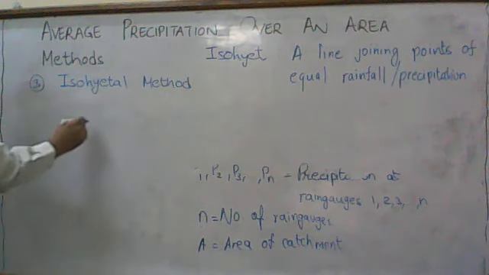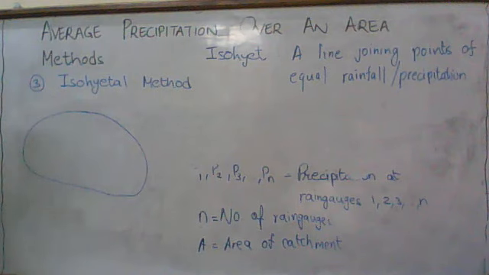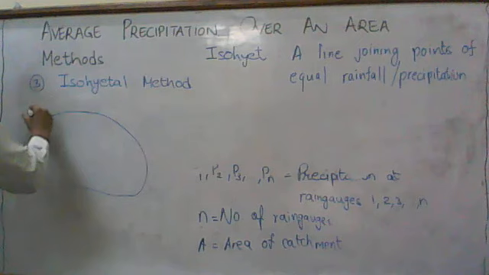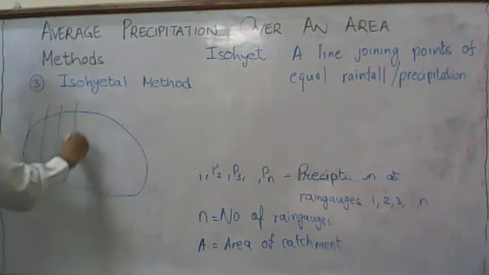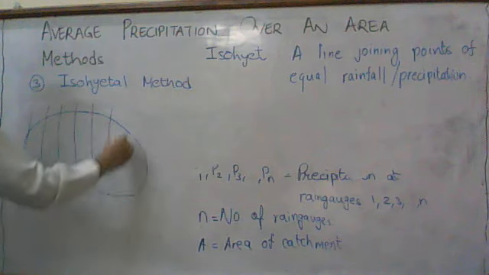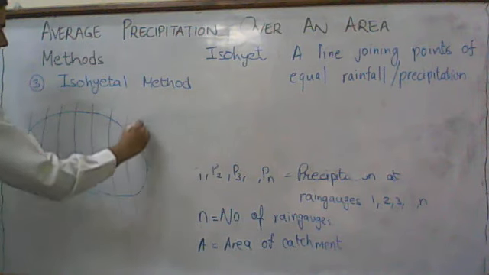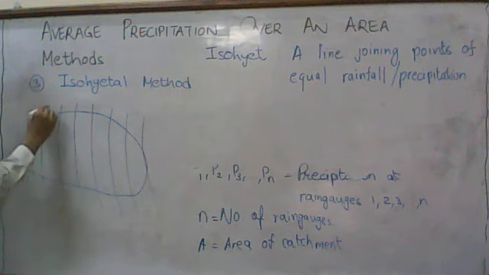So in this method, suppose this is the catchment area and these are the lines, or these are the isohyets. This is the line where the value of rainfall is similar.